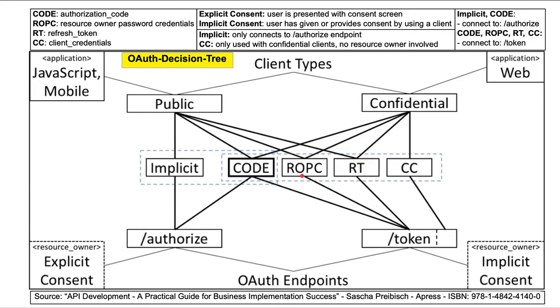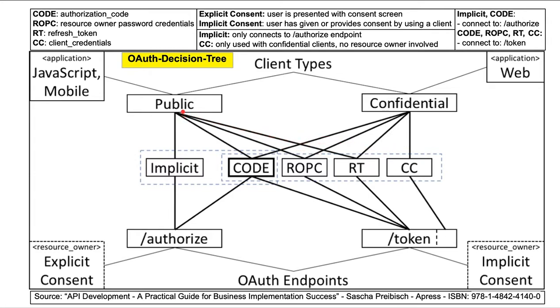If you have got a JavaScript application or a mobile application, that by design is a public application. And public applications can use all of these flows except for the client credentials flow. As you can see, there's no connection.